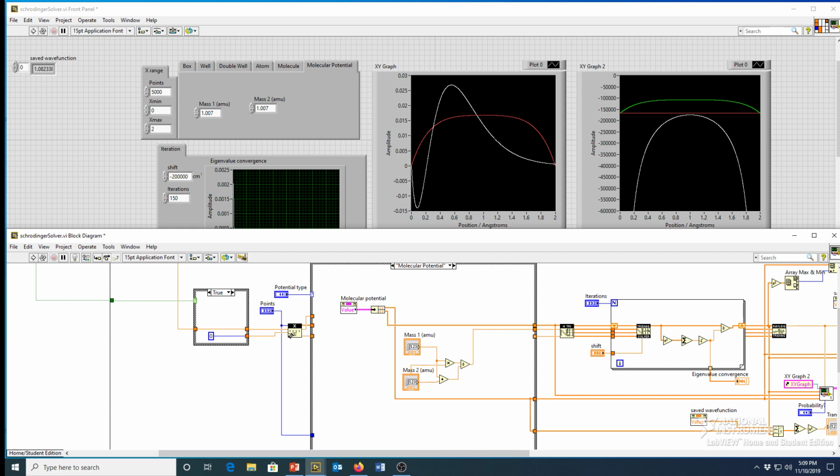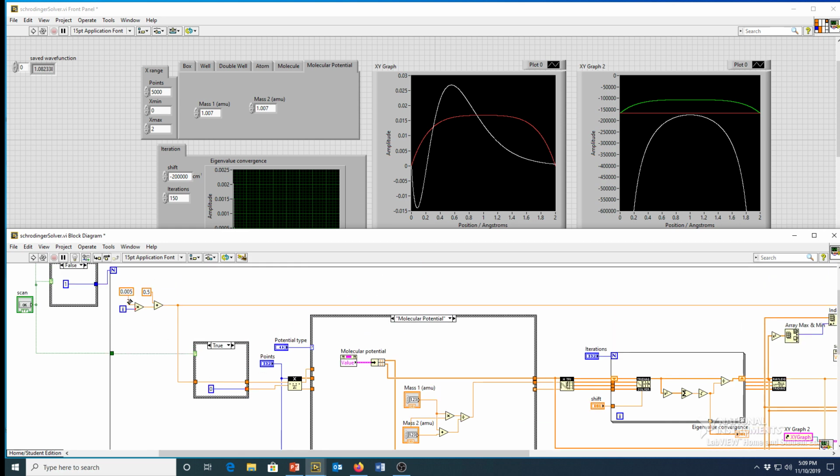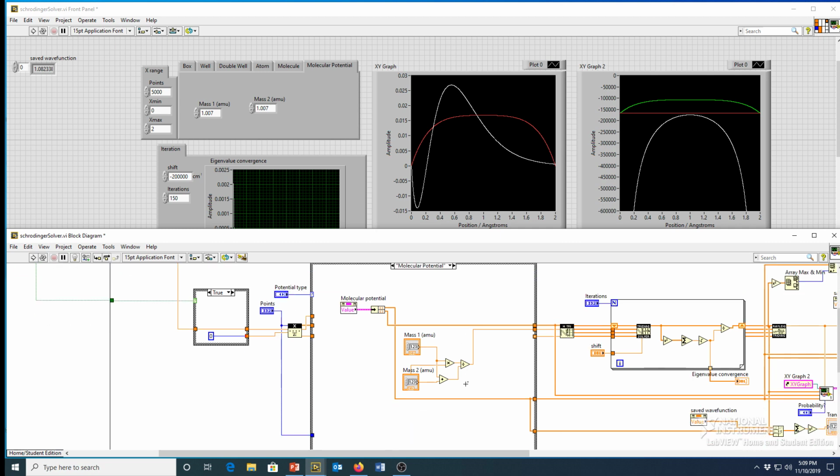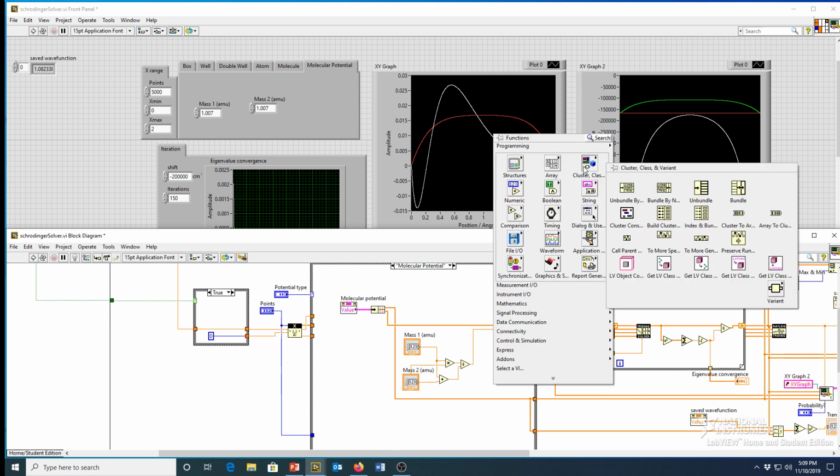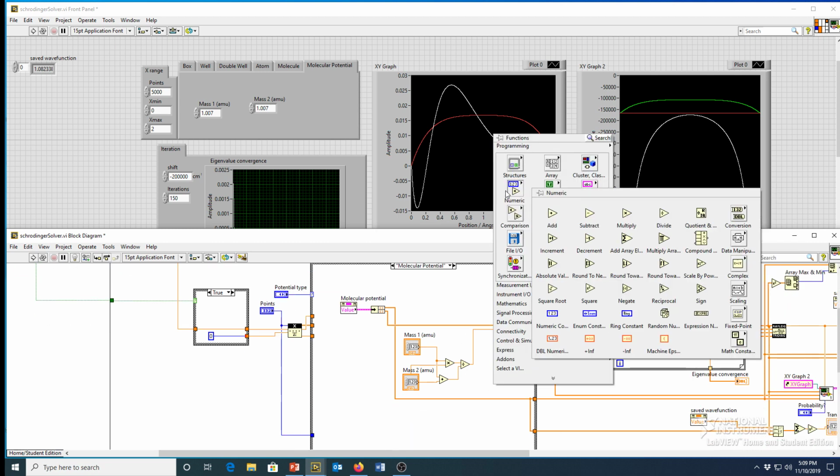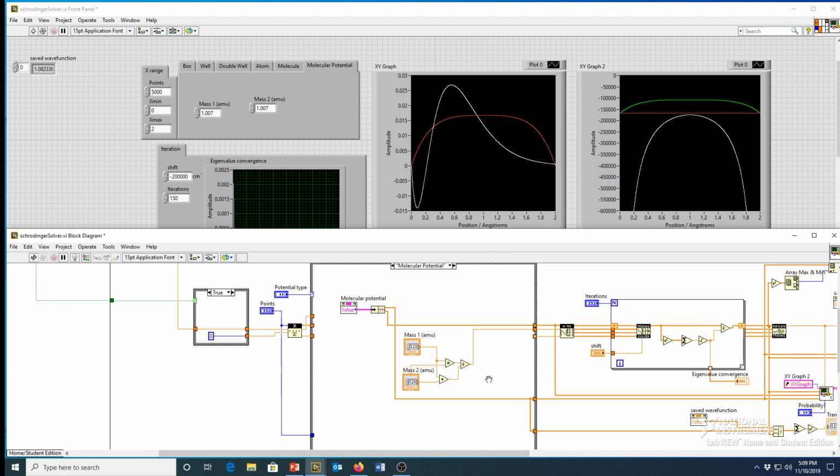Can't get it from make x anymore. It instead comes from our step way up here. We could wire this directly in, but just to keep it a little more localized here, I'm going to just read with index array the first two elements here of our x value array, index 1 and 0.